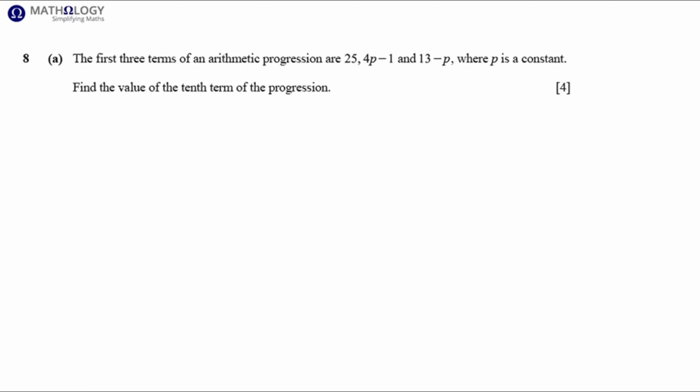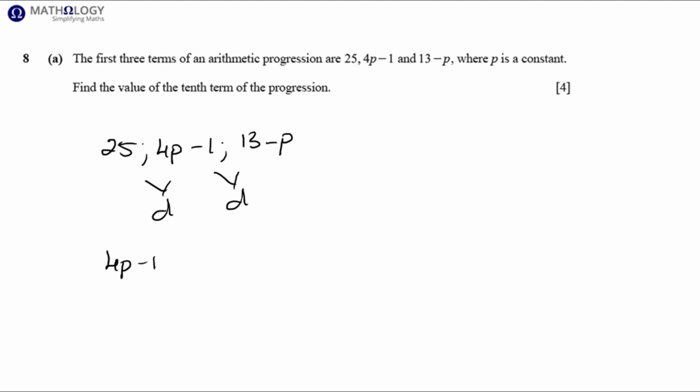The first 3 terms of an arithmetic progression are 25, 4p minus 1, and 13 minus p, where p is a constant. Required to find the value of the 10th term of the progression. Given that it is an arithmetic progression, there's a common difference between successive terms.